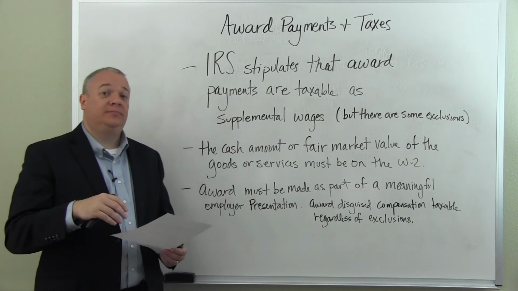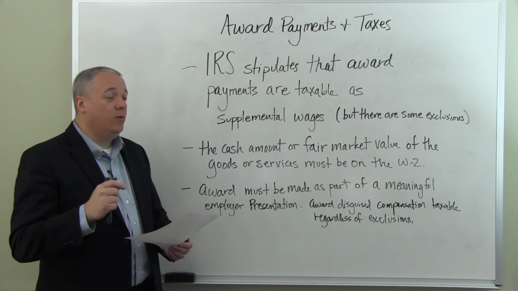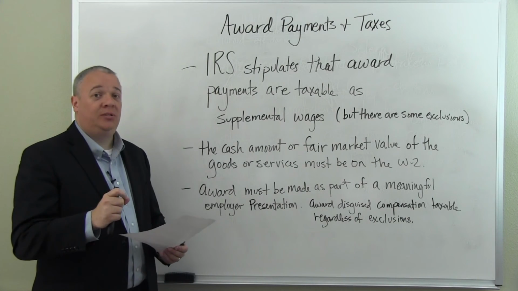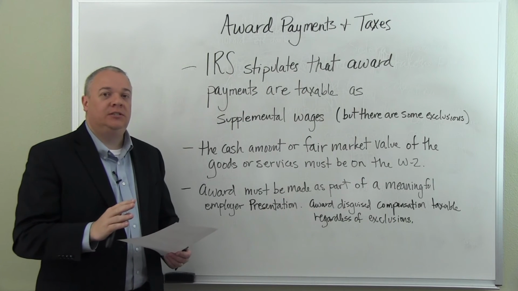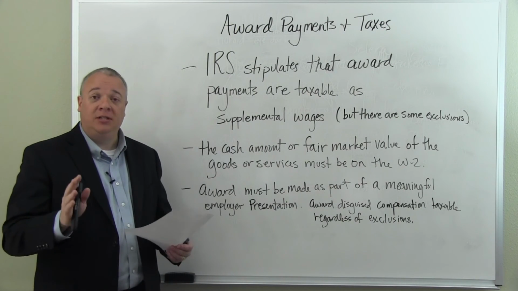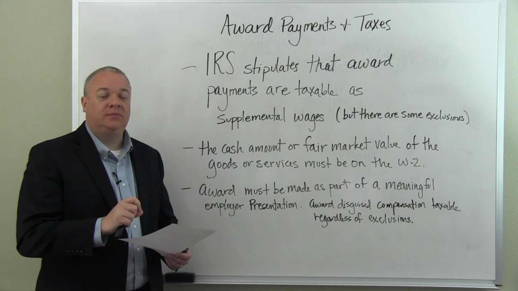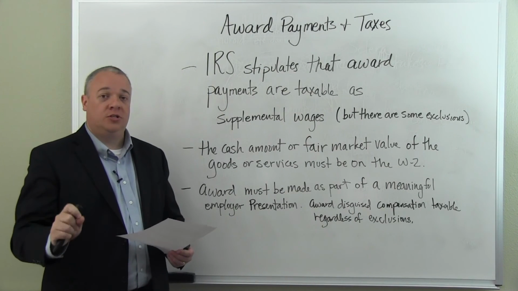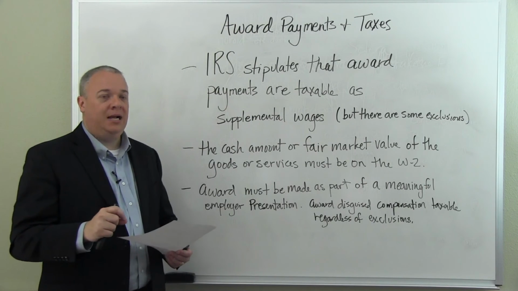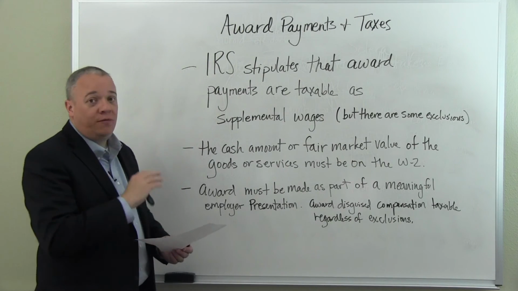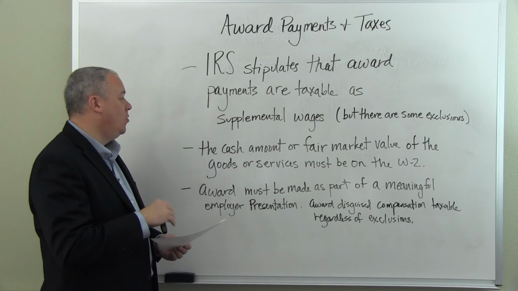The IRS has stipulated that award payments are taxable as supplemental wages, although they do offer some exclusions. So there are some exclusions, but generally speaking, award payments, award goods, and award services are considered supplemental income and therefore are taxable.